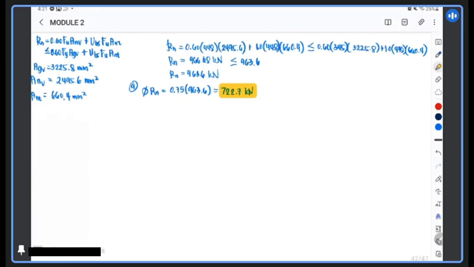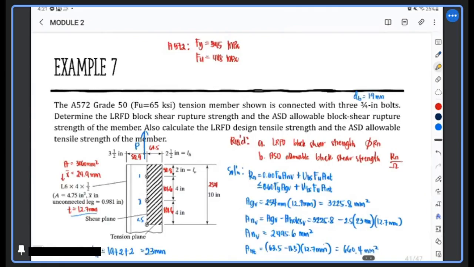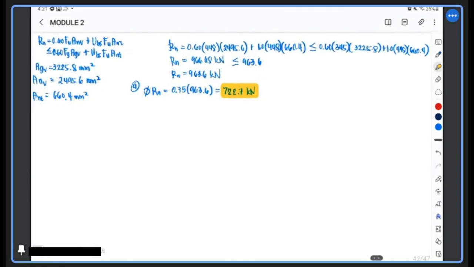If this is the block shear strength capacity, 722.7, this is our governing limit state. Doon sa ating computation for PU, usually ang ginagamit lang natin is 1.4D and 1.2D plus 1.6 of live load.